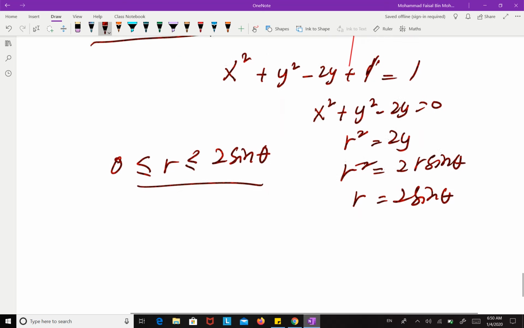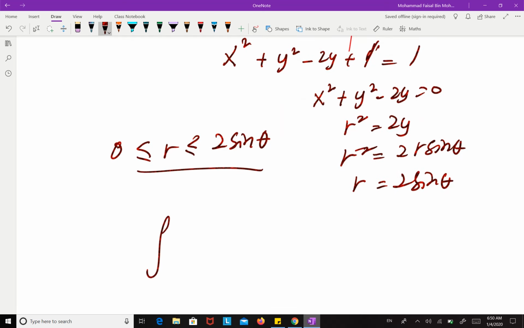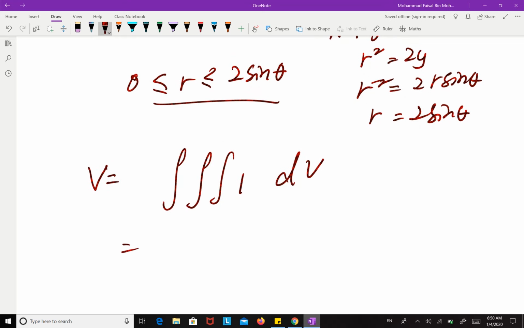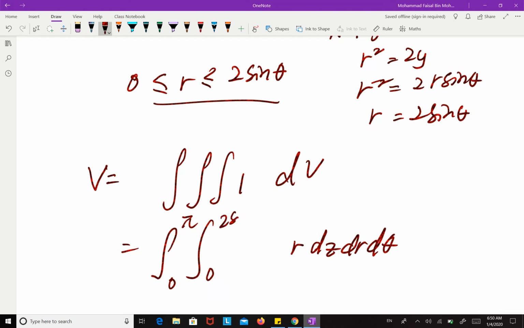Now your integration for volume means the triple integral of 1 dv. This is cylindrical, so r dz dr d theta. Your theta is from 0 to pi, your r is 0 to 2 sine theta, and your z is from 0 to r squared. Why r squared?